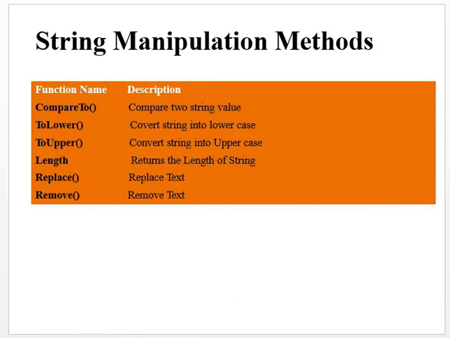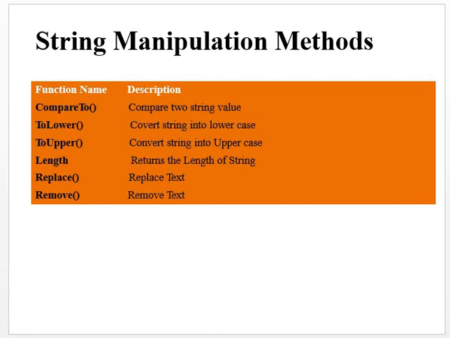Here are some of the functions. First is CompareTo, which is used to compare two string values. Then ToLower, which converts the provided string into lower case. Then ToUpper, which converts the provided string into upper case. Then Length returns the length of the string.